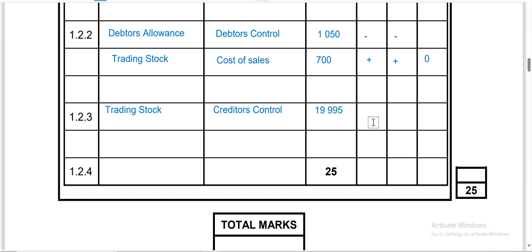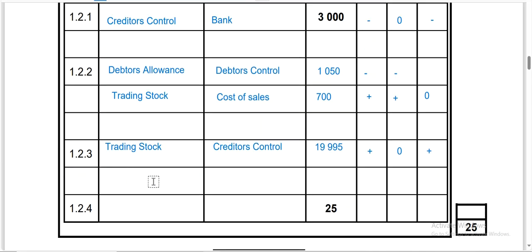Our assets are increasing because we bought trading stock. Owner's equity is not affected, and our liabilities are increasing because we bought something on credit. Okay, then you are done with this transaction.